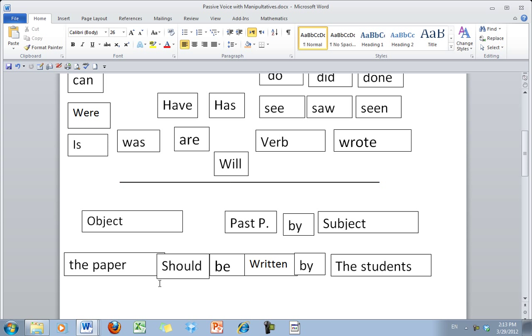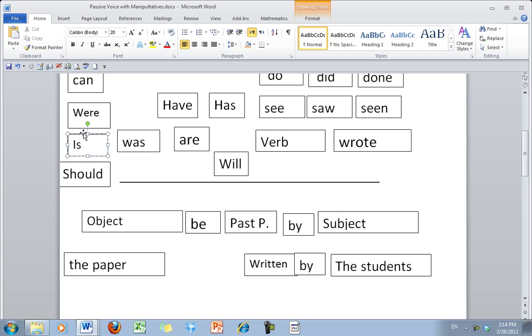The point is that the verb form of be will have different forms. It could be present tense, past tense, future tense. It could have should or can or might.